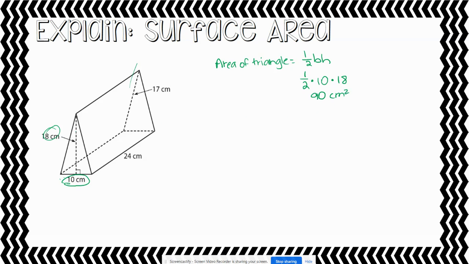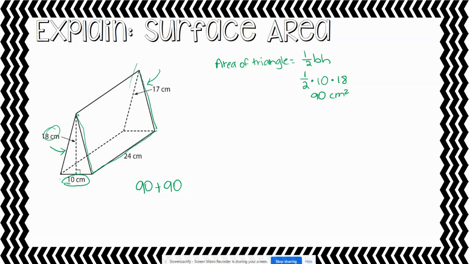Now, you have to remember there is a triangle here, but there's also a triangle on the back that has the same measure. So if I'm finding the surface area, I'm going to do 90 plus 90 because there are two of them. Now, there are still 3 other faces here that we need to find the area of. So we have this rectangle that is from here to here.